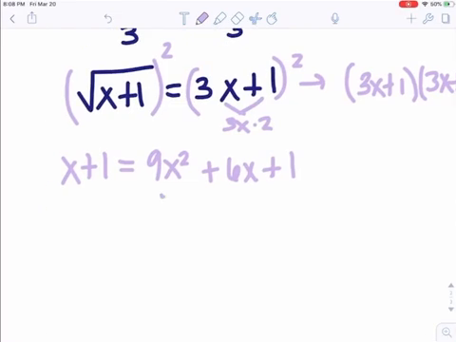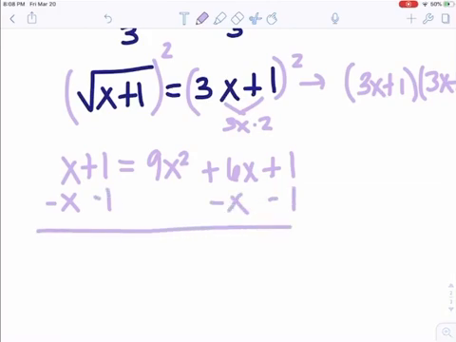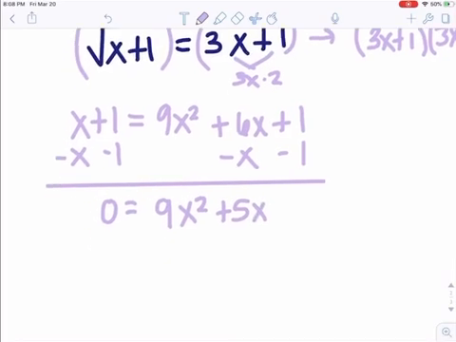Okay, do not bring this one over to the left side because my lead coefficient cannot be negative when I solve by factoring. Okay, so I'm going to bring everything over to the right side so I have a positive lead coefficient. Again, I know I have to solve by factoring because I have a variable squared that is not going to go away. Okay, so that means everything's got to be set equal to 0. So I get 9x squared plus 5x, and then those ones cancel out.